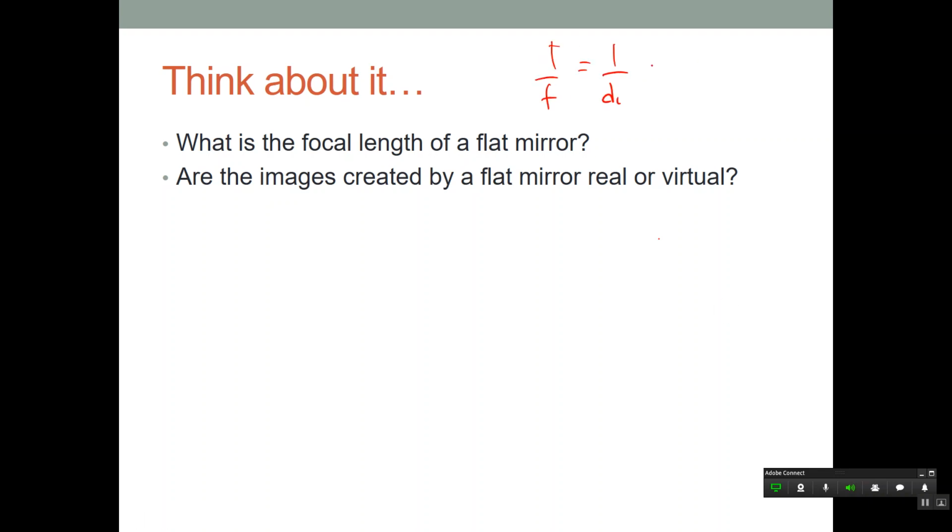And I was talking about a curve, where f represents half of the radius of curvature, right? And I'm now talking about the focal length of a flat mirror. Now, how is that possible? How does a flat mirror have a focal length if it's half of the radius of curvature? It's flat. It's not curved at all. How would you answer that question?